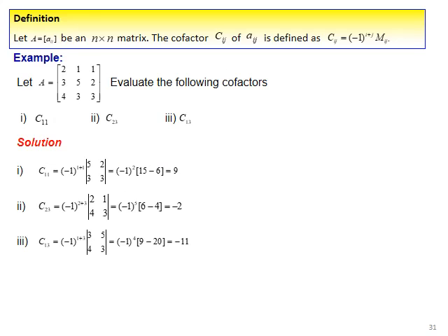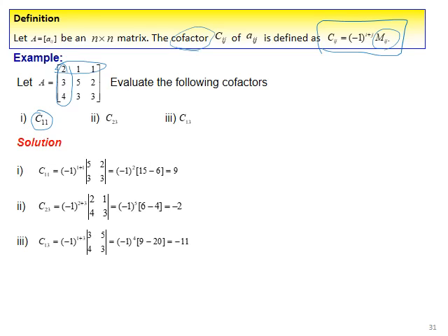Now definition, let's define the cofactor. What is cofactor? Cofactor is defined by this formula: Cij equals minus 1 to the power i plus j times Mij. It means the minor, we just discussed the minor. Example, find the cofactor C11. C11 means row number 1, column number 1.